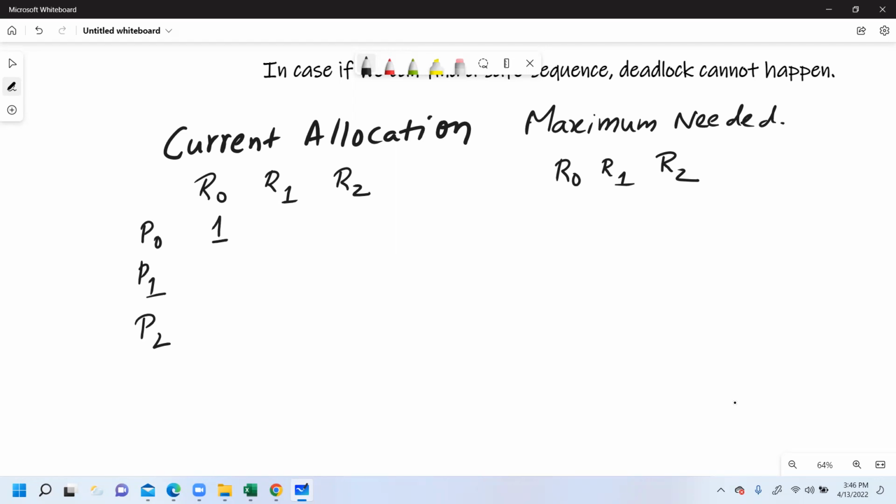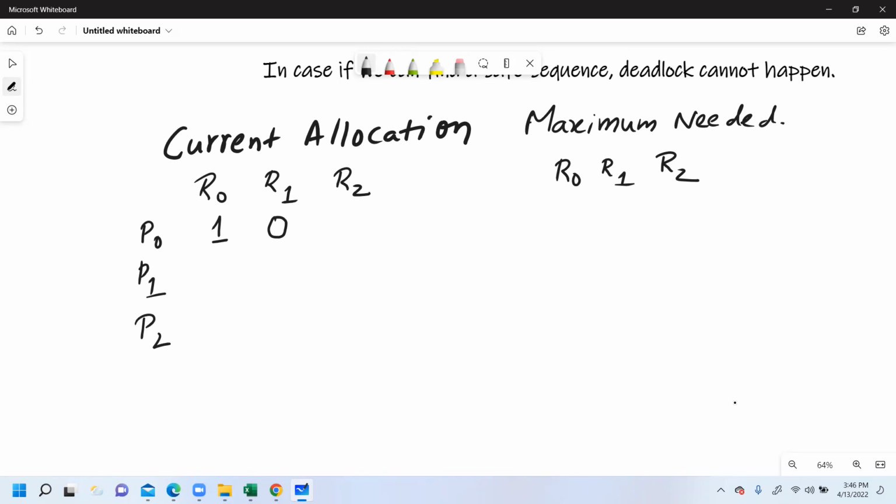So P0 is holding one instance of R0 and zero instances of R1. R0, R1, R2 are three different resources. Is that clear? One can be a printer, one can be a scanner, one can be a light pen, or this stylus pen I'm using. So these are three different resources.